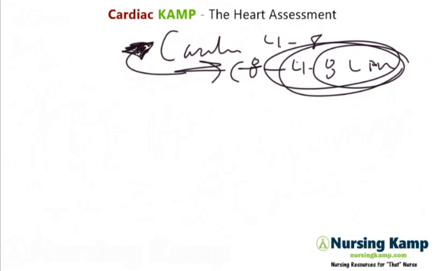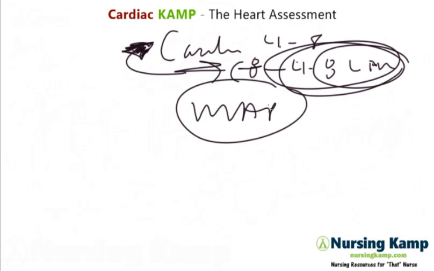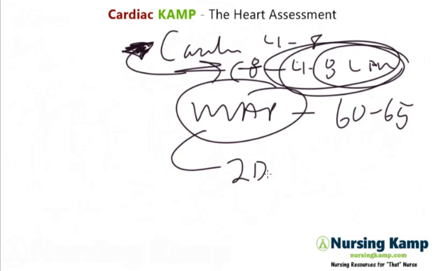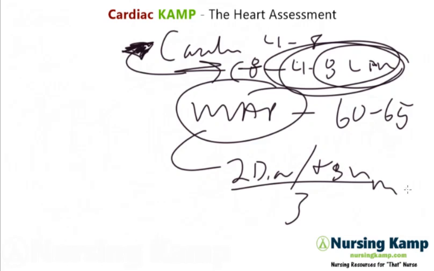So we do have mean arterial pressure, which can give us perfusion of that cardiac output. It needs to be greater than 60 to 65, and we figure it out as 2 times diastolic plus systolic, divided by 3.